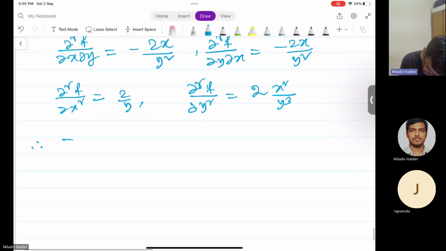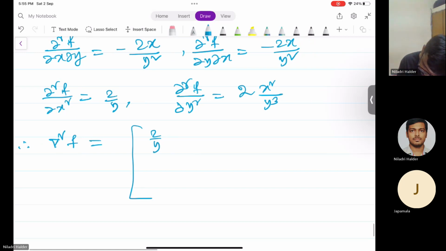So the Hessian will be: 2 by y, minus 2x by y square, and 2x square by y cube.